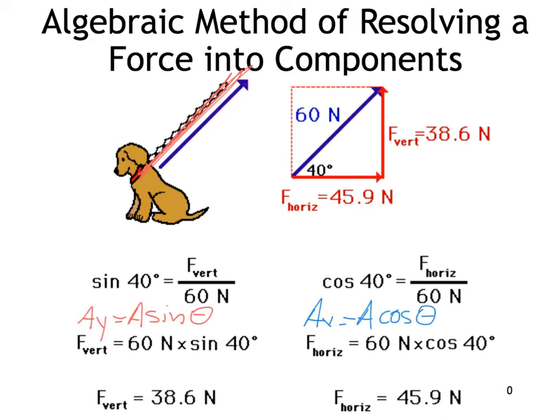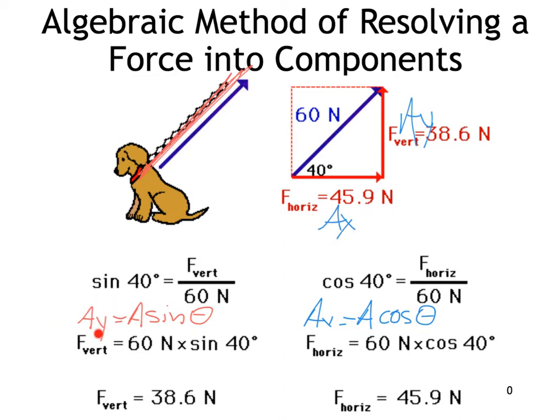So here are those equations, AY equals A sine theta and AX equals A cosine theta. You can see really easily how this all lines up. So AY is the vertical force that I'm looking for, so we can call this one AY. And AX is the horizontal force, so I'll call this one AX. And yeah, it's all basically laid out here.